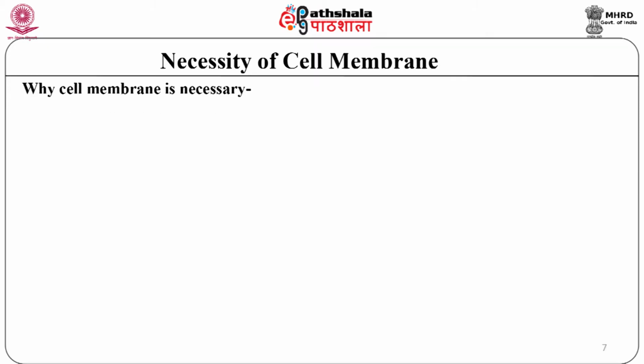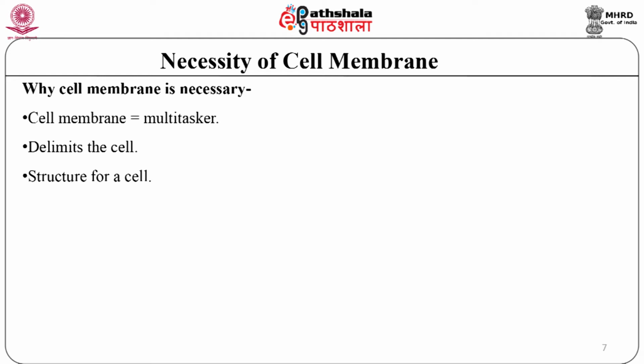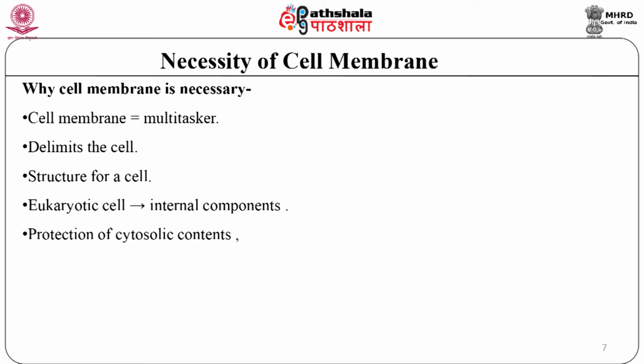Why is the cell membrane necessary? The cell membrane is necessary because it is one of the multitaskers. It delimits the cells, it provides structure for a cell, it defines internal components of a eukaryotic cell, and it protects cytosolic content from the environment by separating the interior of cells from their environment.